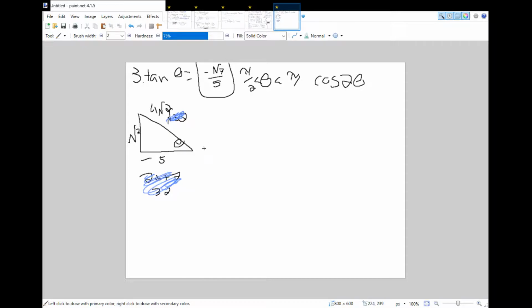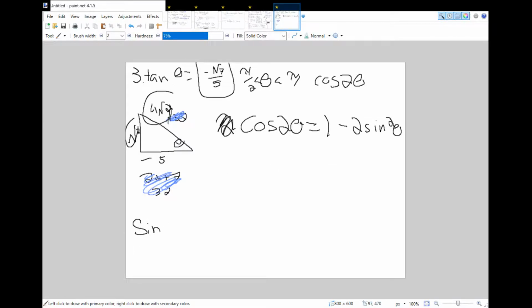Now cosine of 2 theta is equivalent to 1 minus 2 sine squared theta. We know sine theta is equivalent to root 7 over 4 root 2.